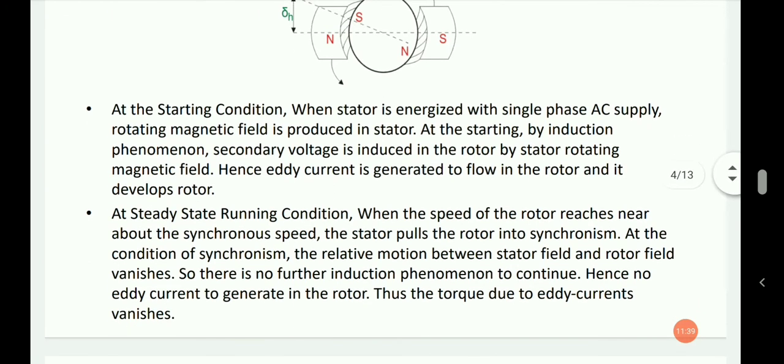For high residual magnetism or retentivity, the rotor pole strength remains sustained or unchanged. Again, the higher the retentivity, the higher the hysteresis torque, and it enables continuous magnetic locking between stator and rotor, and hence the motor rotates at the synchronous speed.